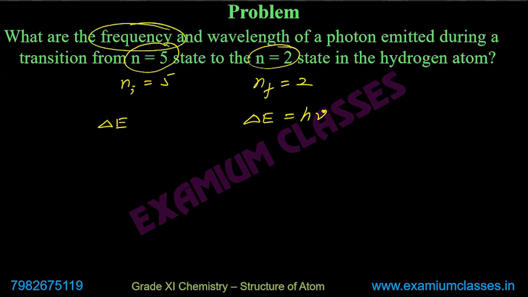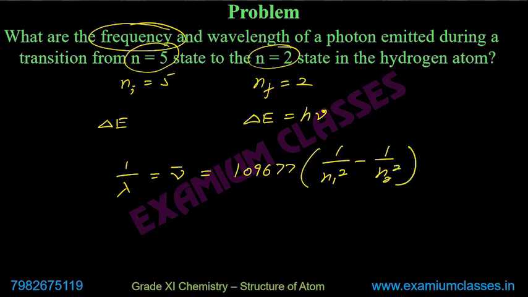Once you calculate frequency, nu equals c by lambda will give you the wavelength. Otherwise, you can calculate wavelength from the wave number formula also.